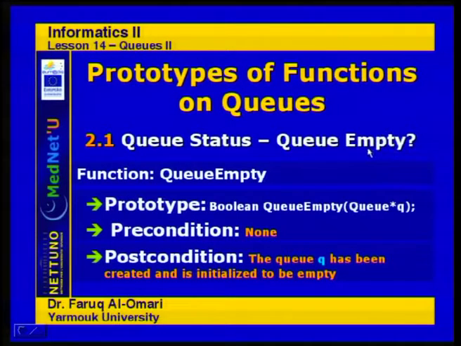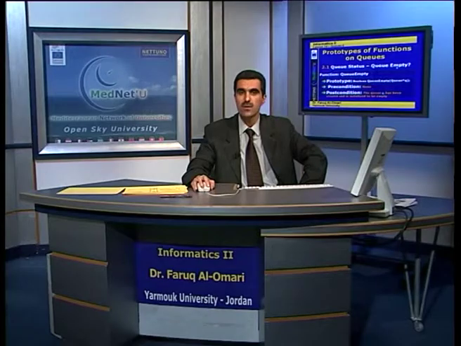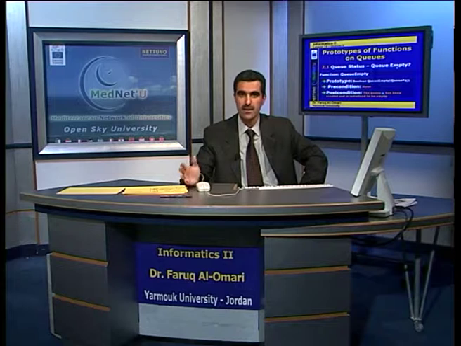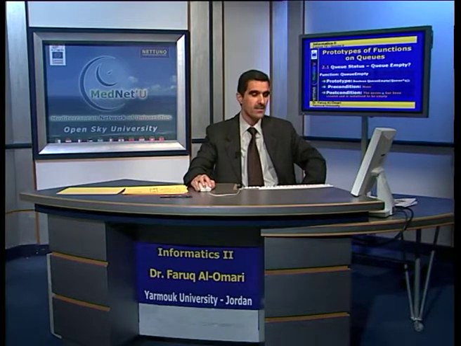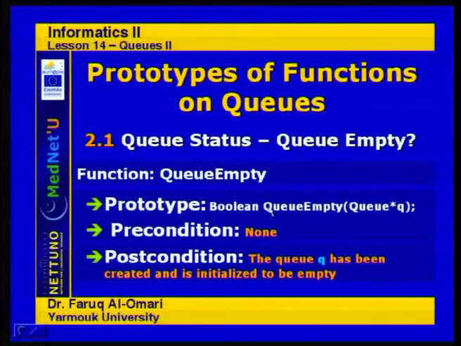QEmpty is a function which checks whether the queue we're handling is full or is empty, if it has any entries or doesn't have any entry at all. As we said earlier, it's going to be of type Boolean. This is the name of it, and it takes the queue we're having in hand. There are no preconditions for this. The only precondition is that the queue already exists and it has been initialized.